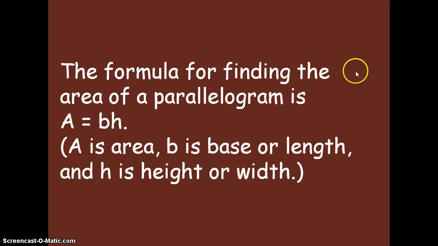Now, here we have an example of a rectangle, and you can imagine that all of the corners are 90 degrees. Let's say this particular rectangle is maybe 8 inches high and perhaps 12 inches long.